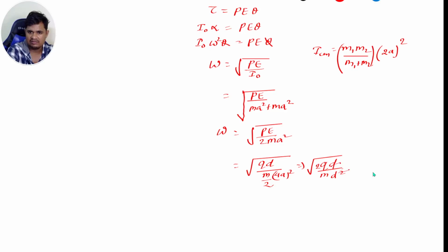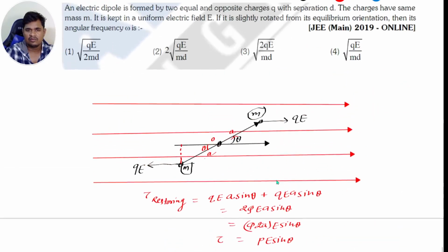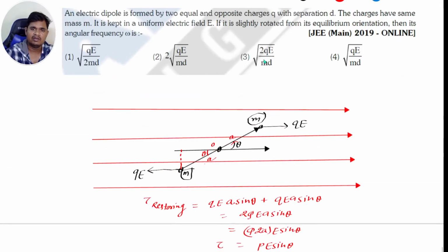So d square and d will cancel, and definitely E is also there, so this will become 2qE by md. That's the angular frequency, root under 2qE by md. So the correct option is option 3 here.